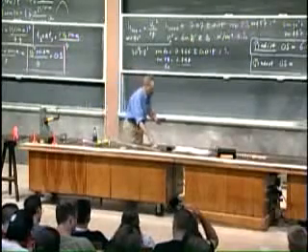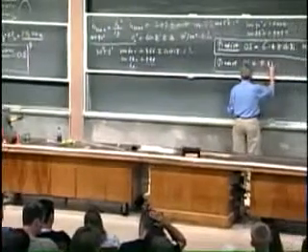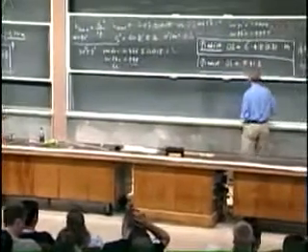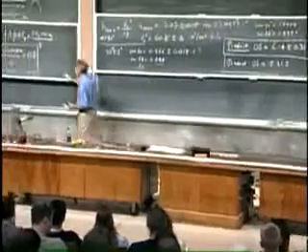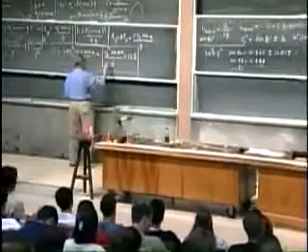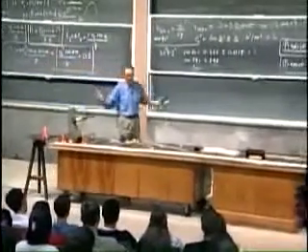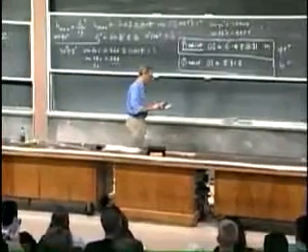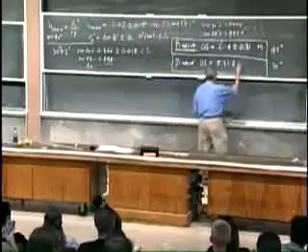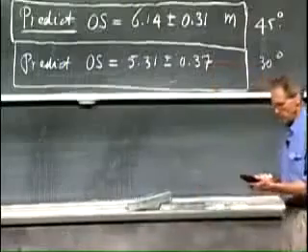And I find 5.31 plus or minus. Now, 2% error in the sine of 2 alpha, 5% error in V0 squared. That gives me, I can't help it, a 7% error. So I have a 7% uncertainty multiplied by 0.07. So I cannot trust this any better than 37 centimeters.